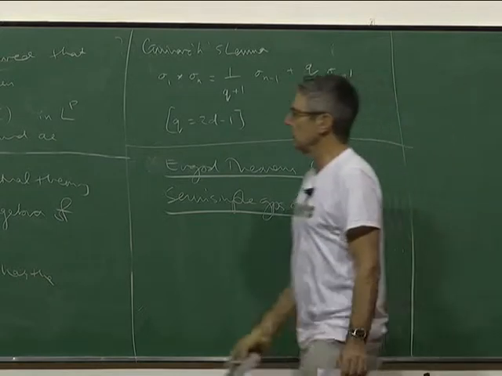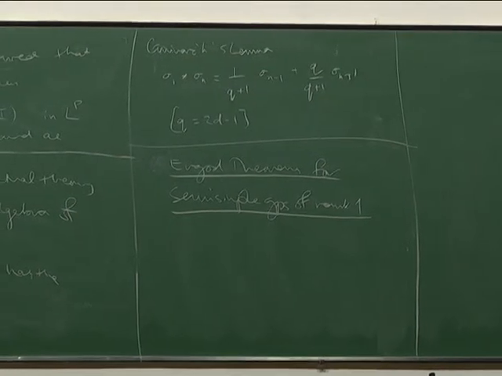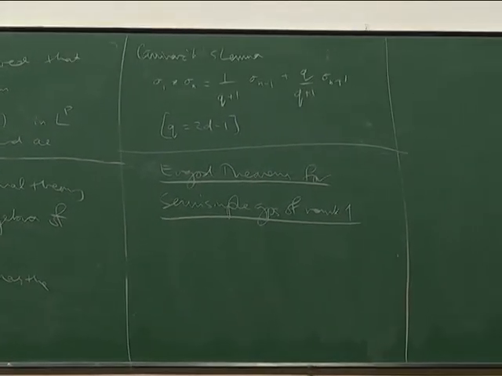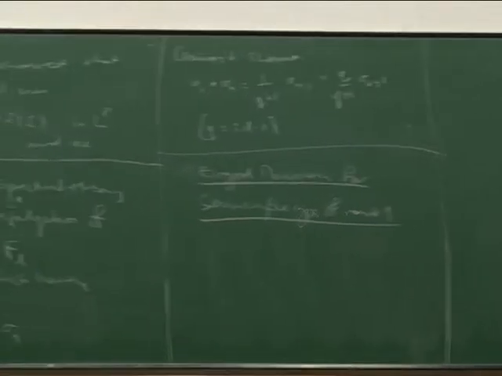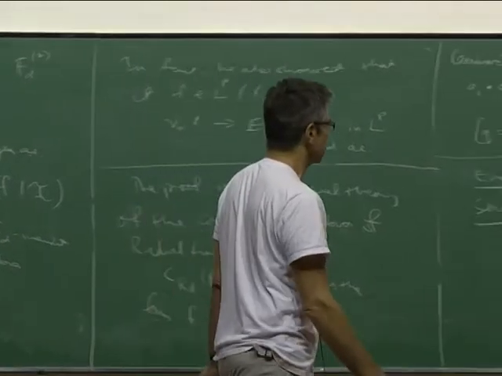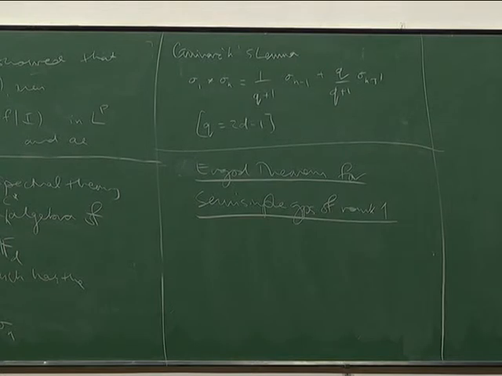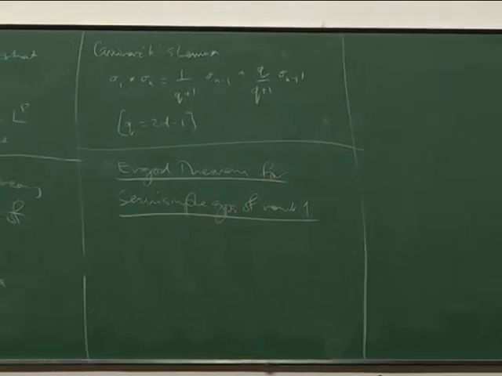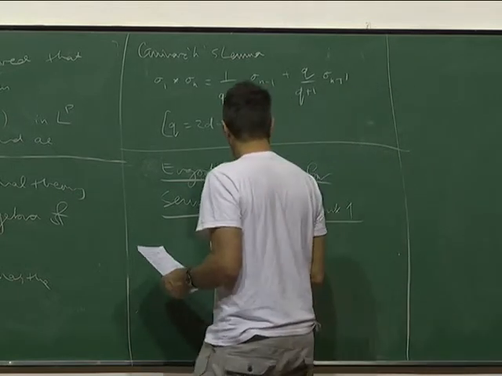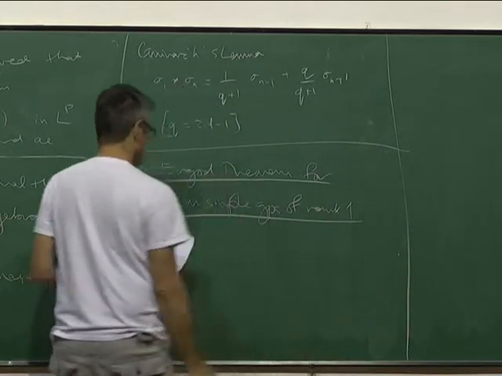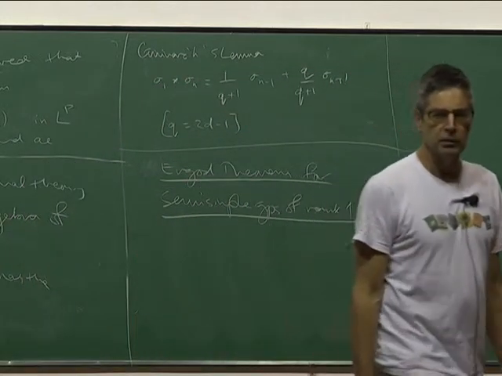So it turns out that we need some analog of these sigma n's for semi-simple groups of rank 1, and ideally we need to find some commutative algebra, and you can do that. Actually, it's fairly simple to work out what it all should be, and then there are some technicalities involving the proof, of course, which people like Bekka and de la Harpe and so forth have actually worked out.